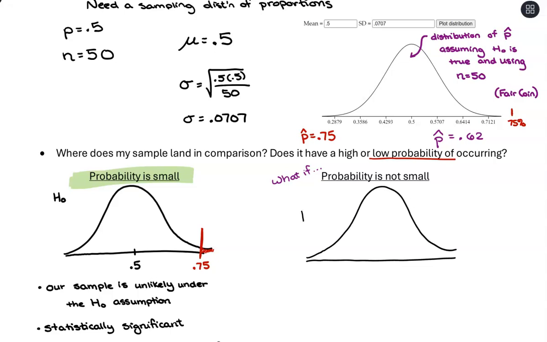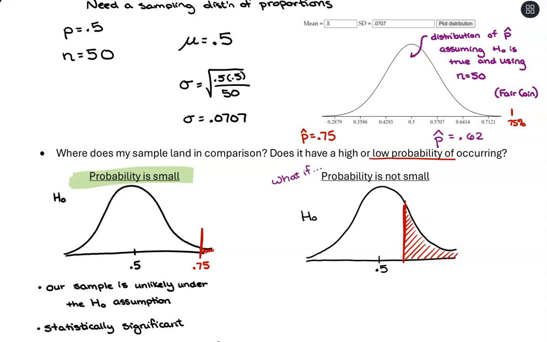So same distribution, all with the assumption that we have a fair coin, we expect 50%. But what if my cutoff was 0.62? Or what if when we built this distribution, 0.75 was actually a lot closer? So what if our cutoff was actually closer over here? So the area we're interested in is an area to the right.